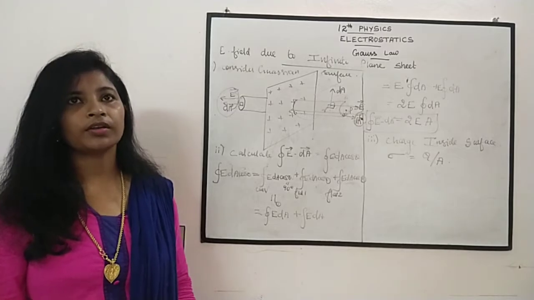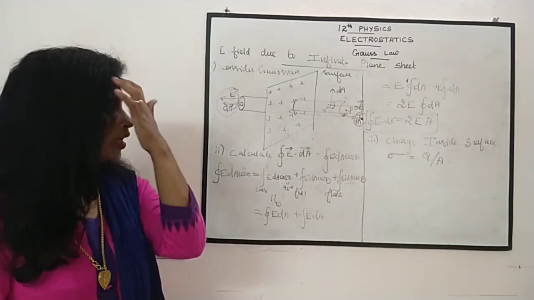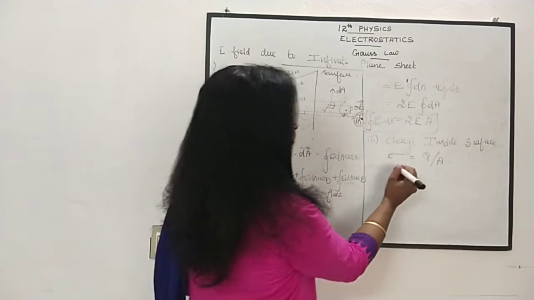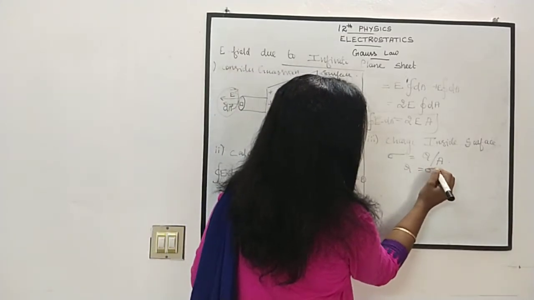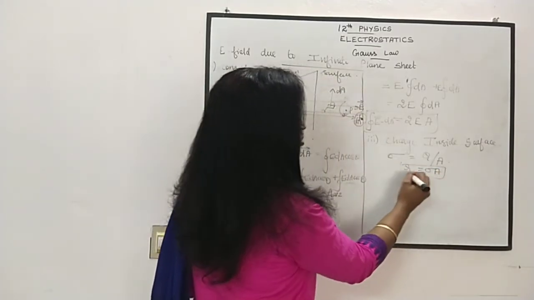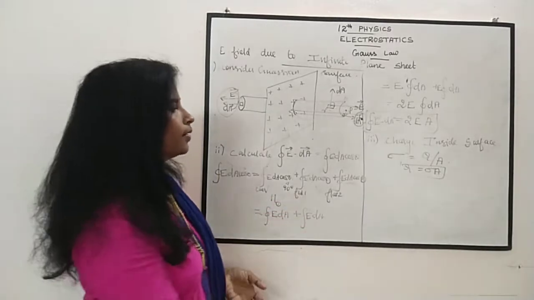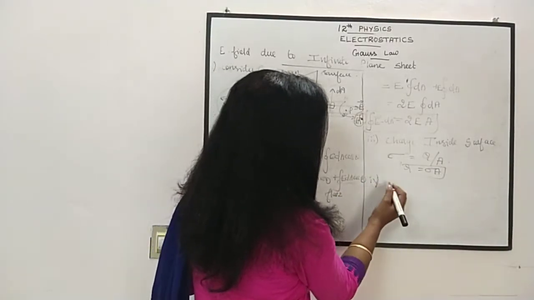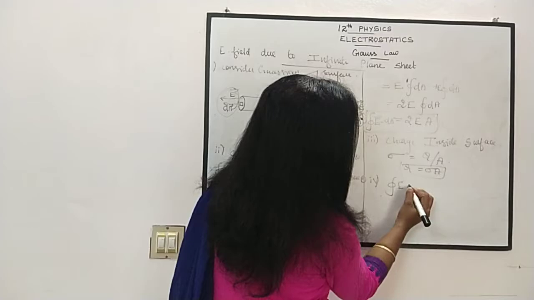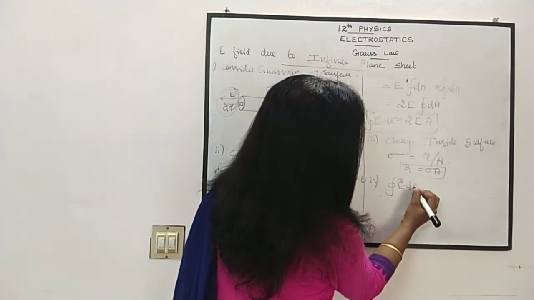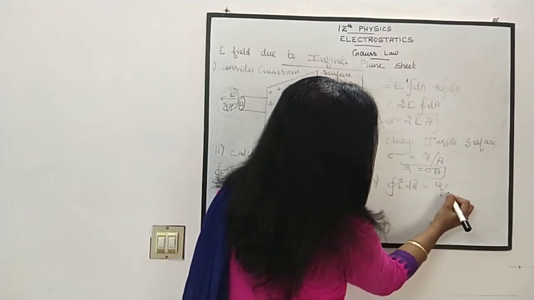Now substitute in Gauss law. From this, Q is equal to sigma A. The final step is to substitute in Gauss law: the closed integral of E dot dA is equal to Q by epsilon naught.